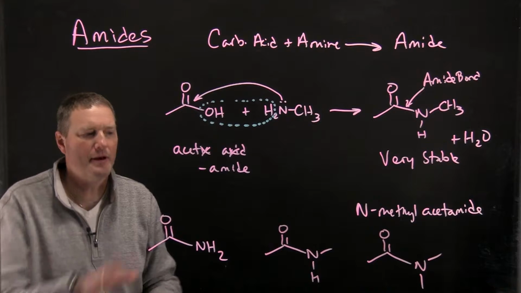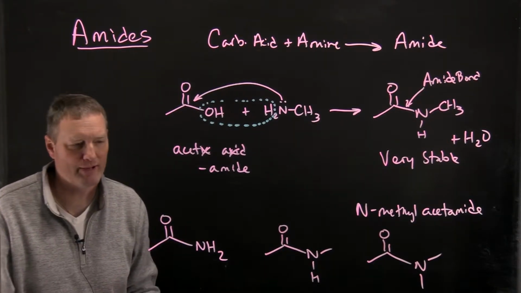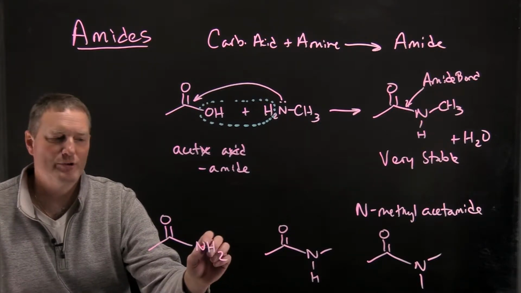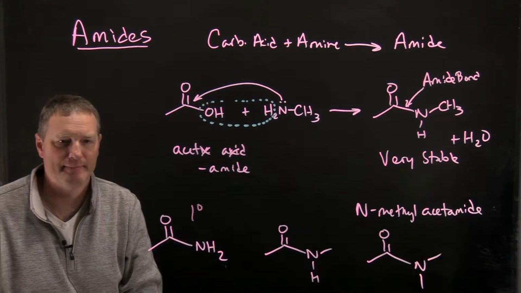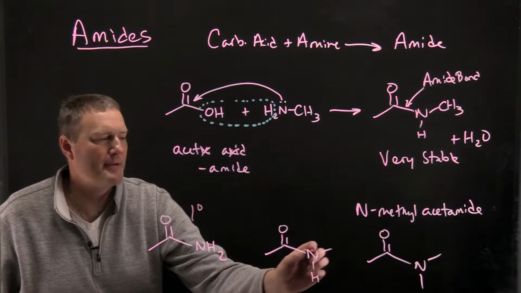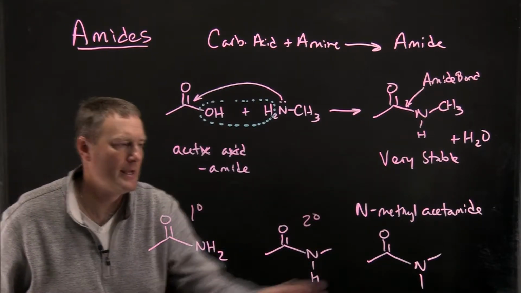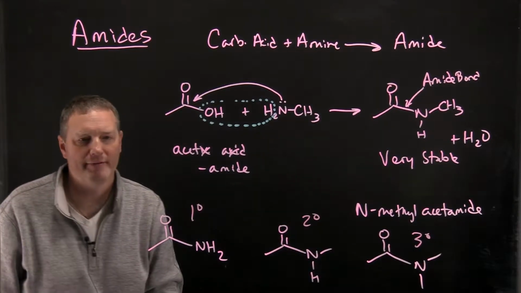Now, sort of like what we talked about with amines, amides can come in several different flavors. This one here, notice there's no extra carbon substituents coming off this one. This is called a primary amide. This nitrogen of the amide has 2 carbon substituents, so this is called the secondary. And then this one would be called a tertiary amide because it has 3 carbons coming off of it.